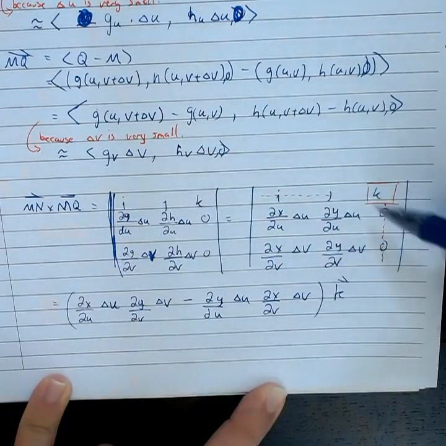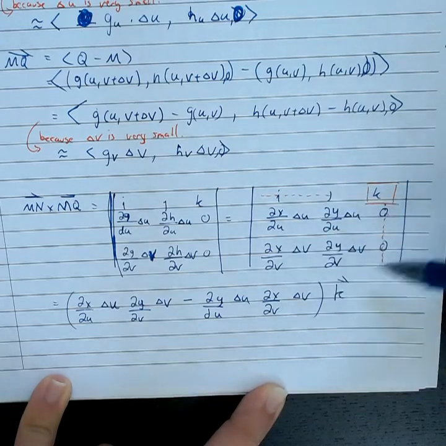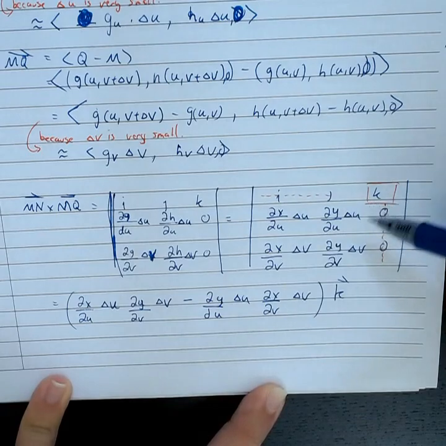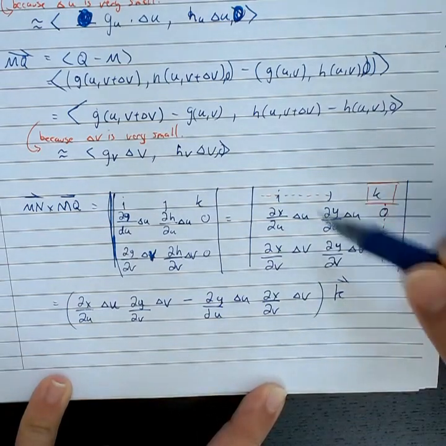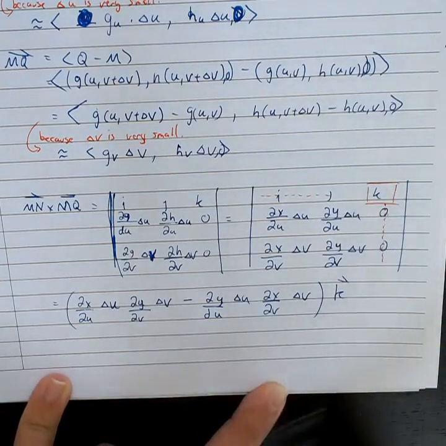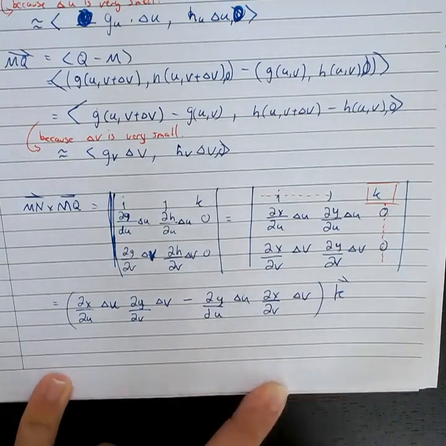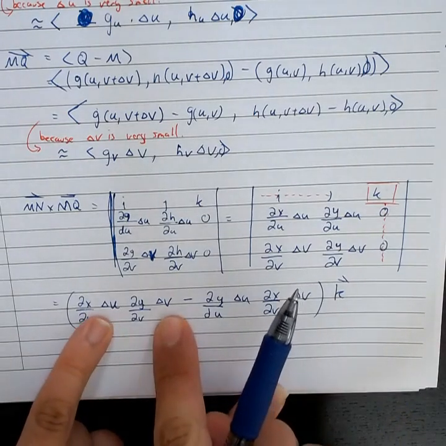If that minors method is a little foreign to you, something that's not familiar to you, you may wish to just use the longer method of using the crosses, subtracting out. Either way, you'll get this result. Notice here I have a common factor of delta u delta v.